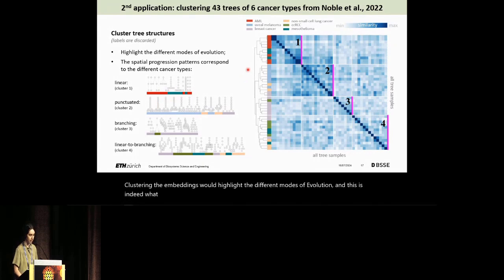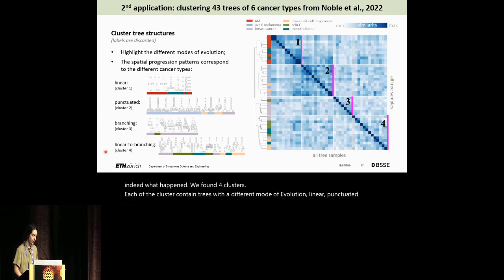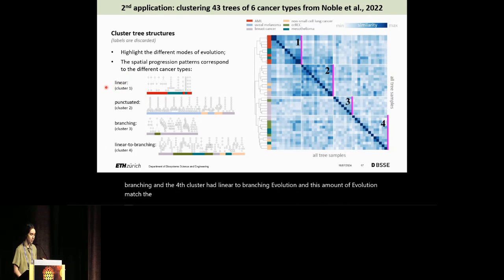We found 4 clusters. Each of the clusters contained trees with a different mode of evolution: linear, punctuated, branching, and the 4th cluster had linear to branching evolution. And these modes of evolution match the corresponding cancer types in the literature.